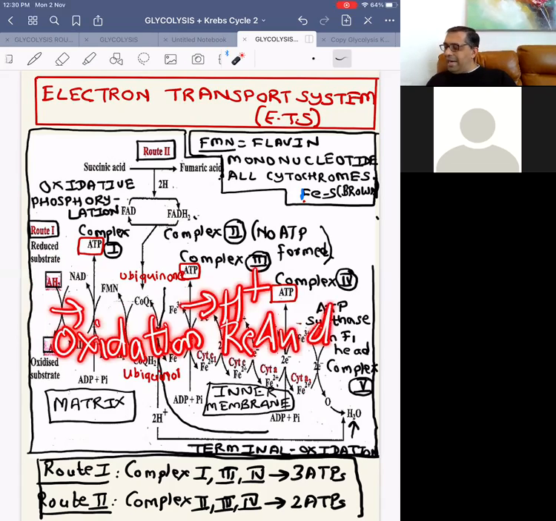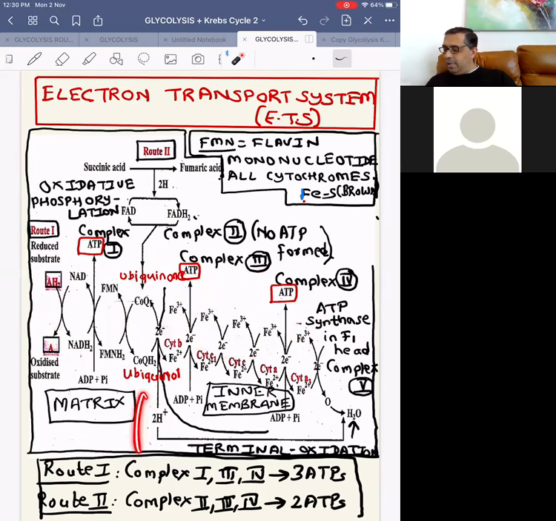We are having oxidation by giving away hydrogen, and by accepting, reduction, that is called a redox reaction.